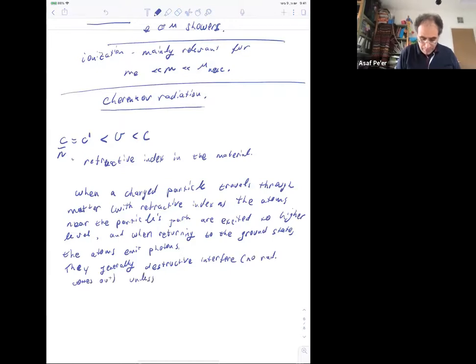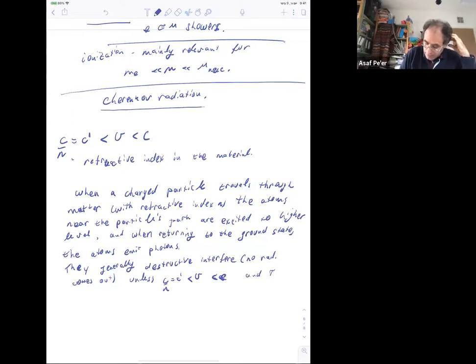Unless v is greater than c prime. Still right. And then, more than the speed of light, of course.